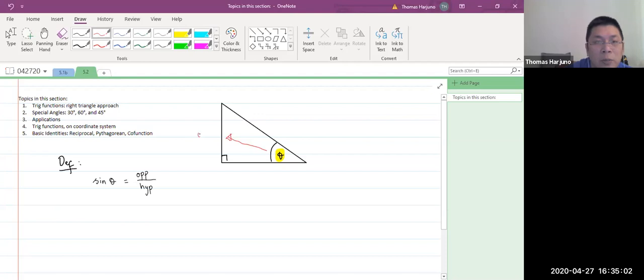Okay, this is the opposite. Now, of course, the hypotenuse is always the longest side of that right triangle. Okay, and the adjacent of angle theta is here. This is the hypotenuse.